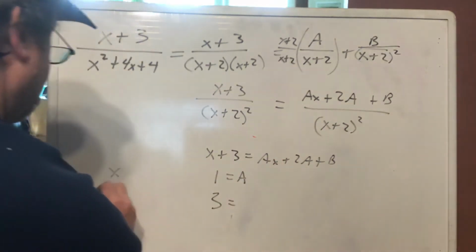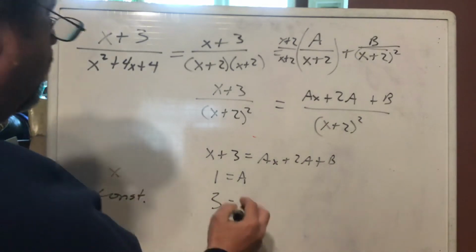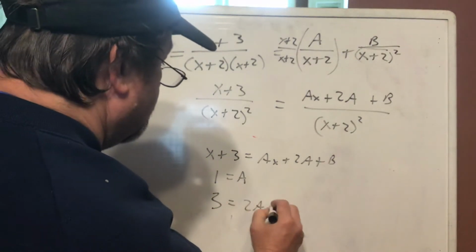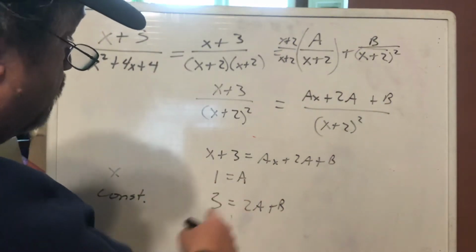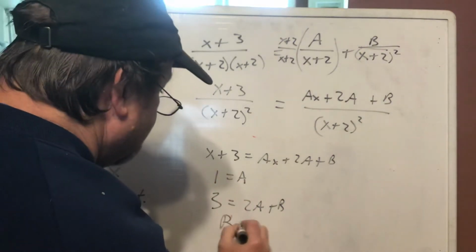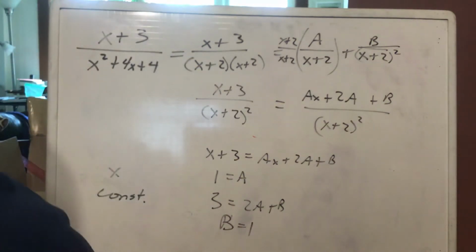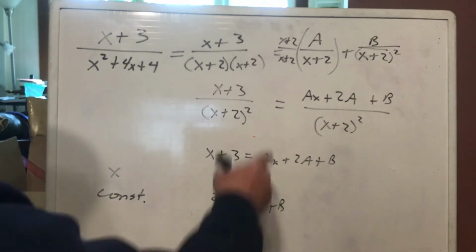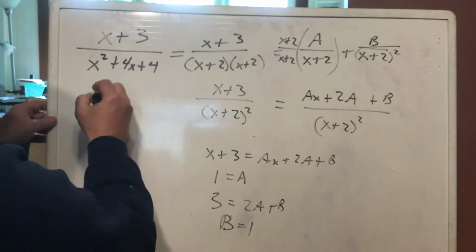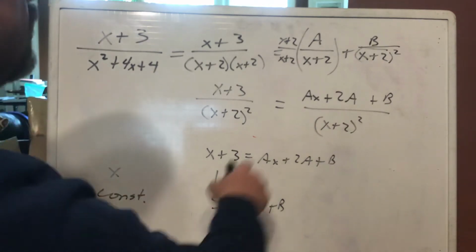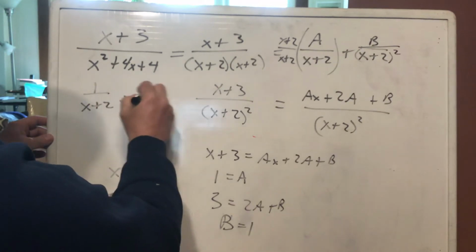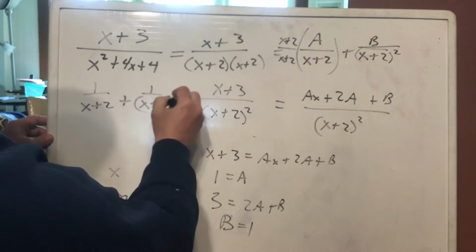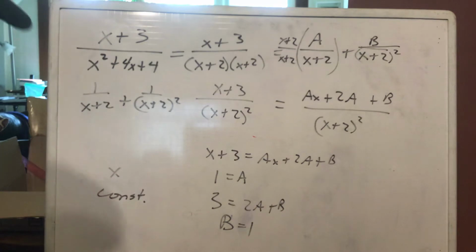And the constant equation, 3 is equal to 2a plus b. That tells me 2a, a is 1, so that's 2 plus b, thereby telling me that b is equal to 1. Which then brings me back to, okay, then this equation right here could be rewritten as 1 over x plus 2 plus 1 over x plus 2 squared, and that's where this equation came from.